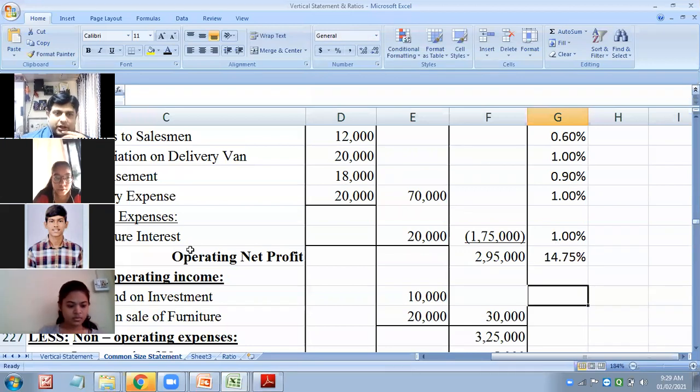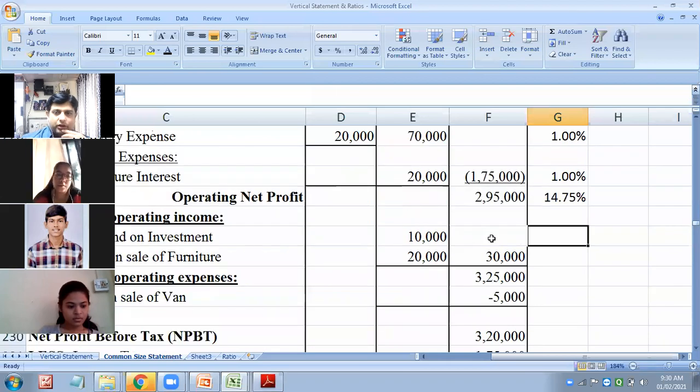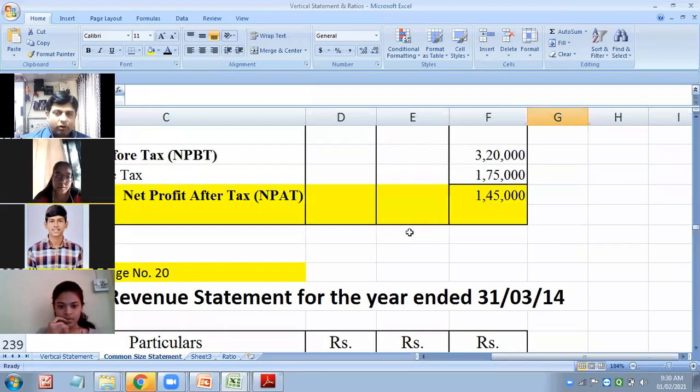So this is 1% of interest. If you take 1,75,000 accordingly, likewise you can do it, and likewise we have to get everything.